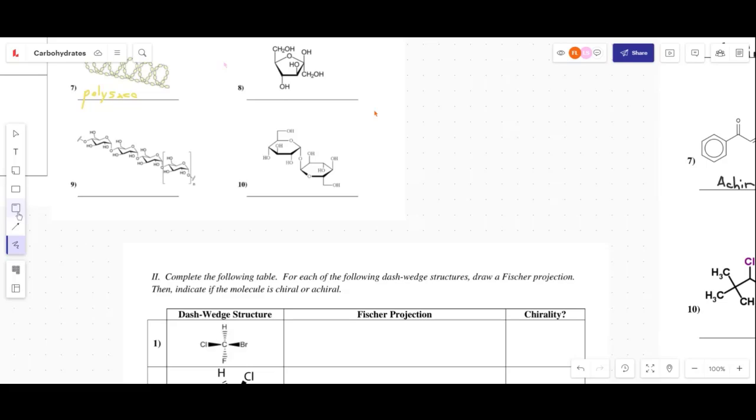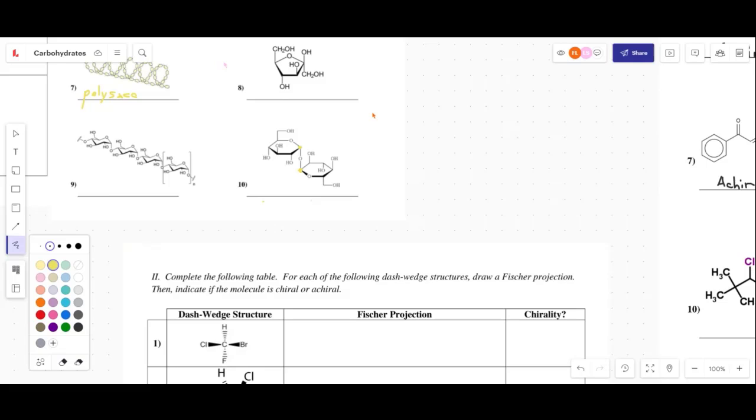Are you talking about number 9 or number 10? You don't have an OH and an oxygen bonded to the same carbon. Remember, you have to look at your anomeric carbons. For number 10, this one's connected to two oxygens, and this one's connected to two oxygens. Oh shoot, I'm looking at something else. Okay, yeah, none of the others are connected to two oxygens.